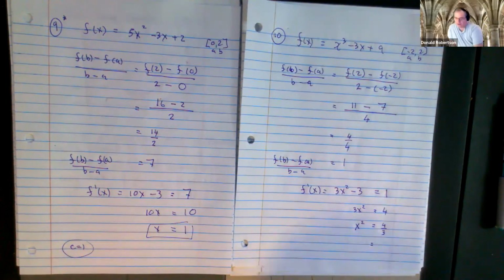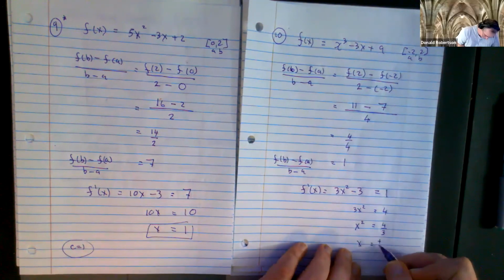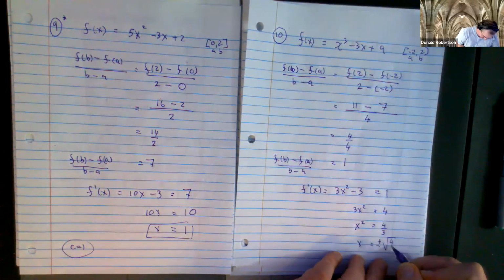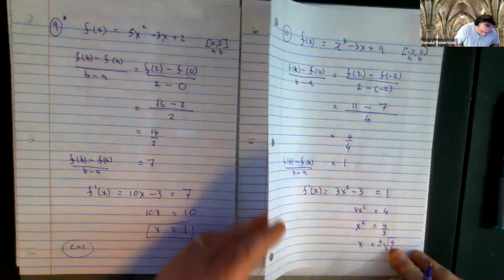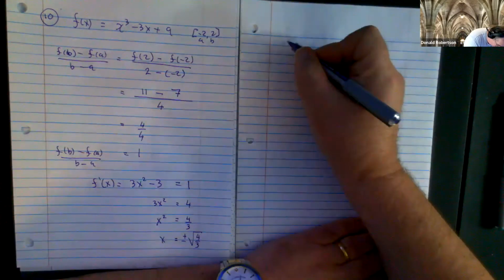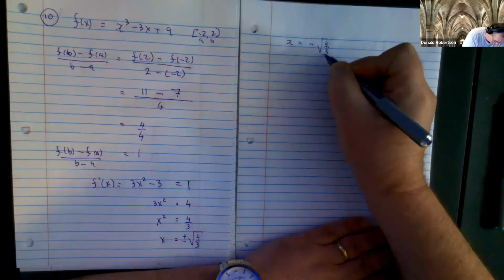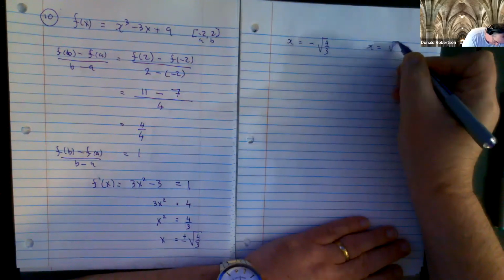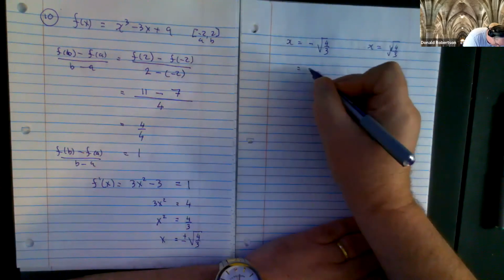And what should I do now to get the x? Square root both of them. And when you do square roots, remember the plus or minus, right? It might be that one of these gets kicked out because it's not in the interval. Might be both are okay. So the two choices that we have are a negative square root of 4/3, and the other one is a positive square root of 4/3. I'm going to try and make that a little bit prettier.